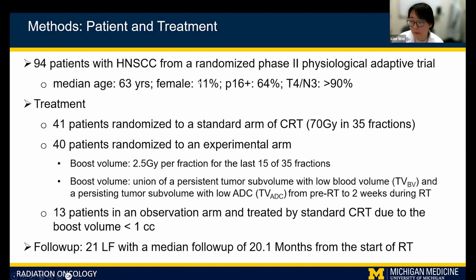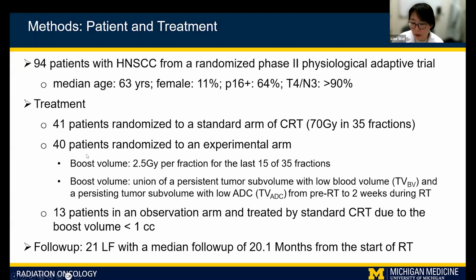And this is some of the basic information. T4 and T3 is the stage of the cancer. We can see these are mostly high stage or late stage cancer patients. For this randomized trial, 41 patients were randomized to a standard arm of chemoradiation therapy, which is 70 gray dose in 35 fractions.